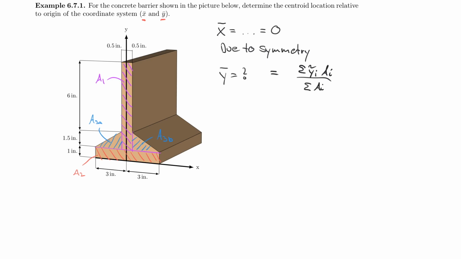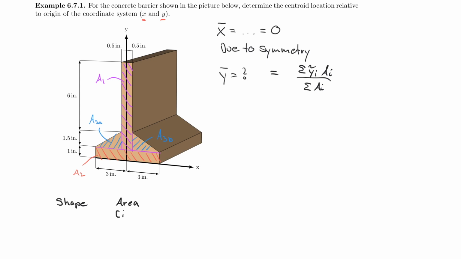And so I need to find certain things. I need to define A i, y tilde i, and then a total, and then also the summation of that. So a standard table for problems like this that you often find in textbooks looks as follows. So first we have the shape, and then we have the area.